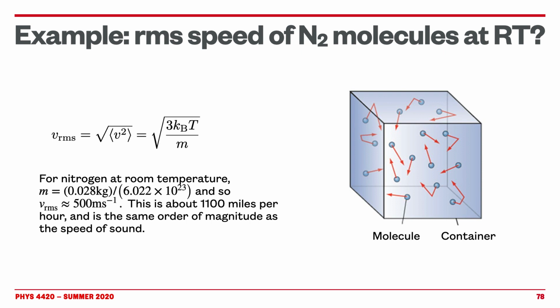Okay, I should say something here. The nitrogen N2 molecule is not monoatomic or anything like this, so I understand that the constraints that we gave ourselves to start with are not exactly met with this molecule, but that's fine. It doesn't make much difference. The point is the order of magnitude of this velocity is 500 meters per second. I'd like you to realize that 500 meters per second is extremely fast. It's the same order of magnitude as the speed of sound.